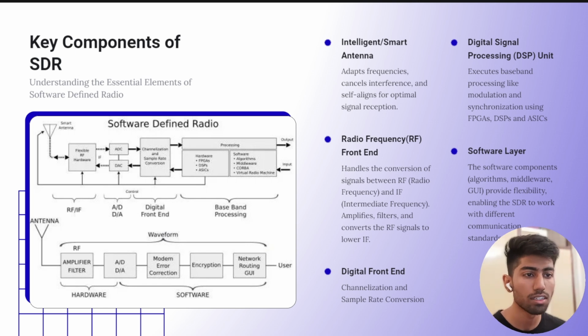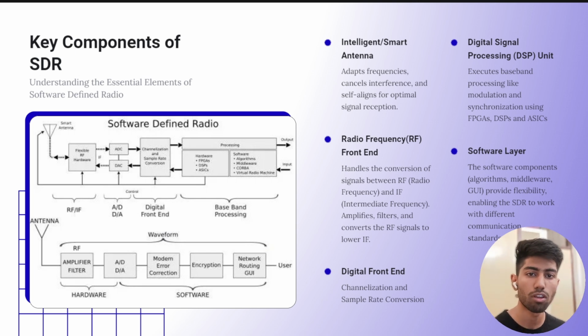Then there is the digital-to-analog converter, as you can see here, which takes the input signal for processing. Then there is the digital front end, which adjusts the sampling rate and extracts the desired frequency channels, optimizing signals for further processing.